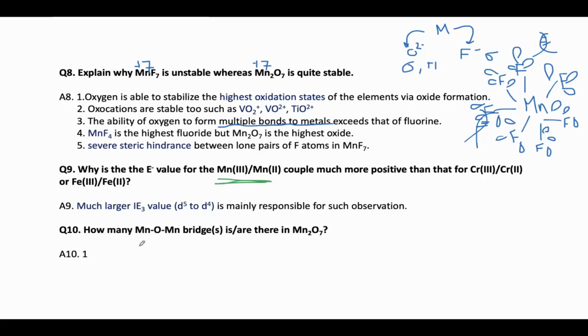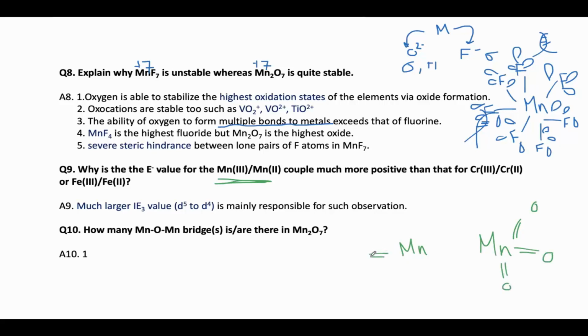The last question is, how many Mn-O-Mn bridges are there in Mn2O7? This is a very basic informative question that is frequently asked in the exam. So this is the structure of Mn2O7. I am drawing it for your reference. Here we have 2 Mn centers, and each Mn center is bonded with 3 oxide species.